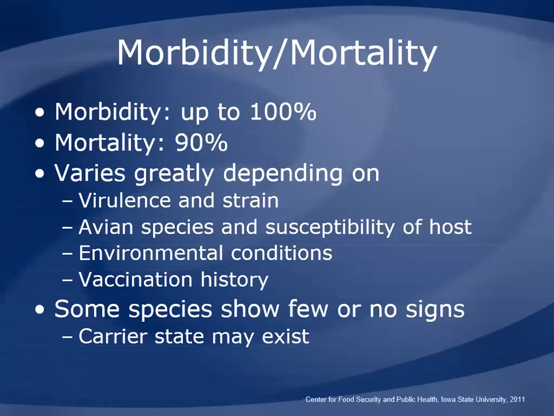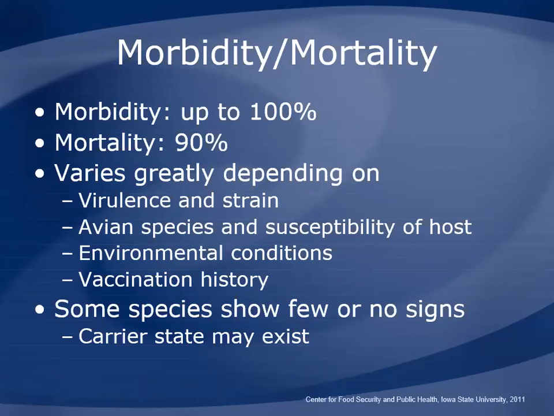How much morbidity or mortality does this disease cause in poultry? Actually, up to 100% morbidity, and it causes up to 90% mortality in the flock. Its nature varies greatly.